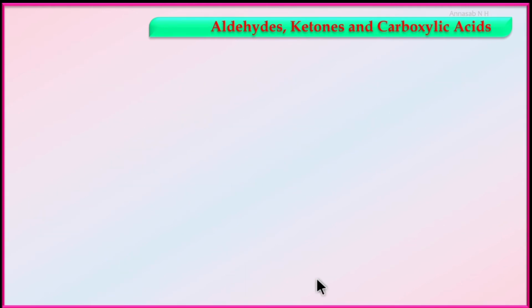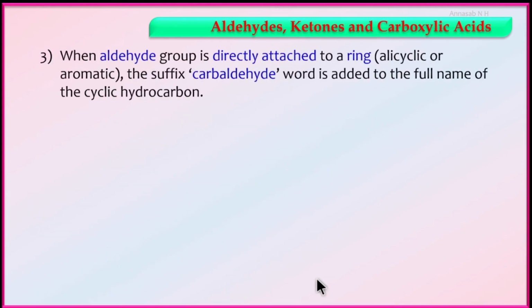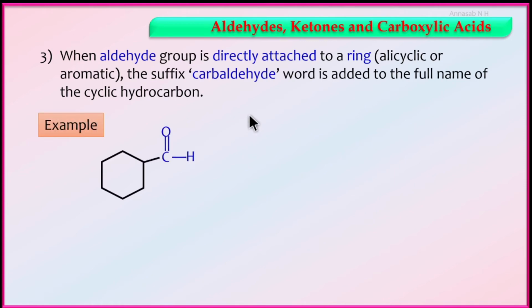And if the CHO group, or the aldehyde group, is directly attached to a ring structure, which may be alicyclic or aromatic, then the suffix carbaldehyde is added to the full name of the cyclic hydrocarbon. Example, we have a 6-membered alicyclic compound, it is not aromatic, to which the CHO group is directly attached.